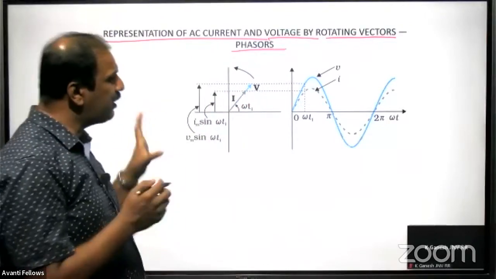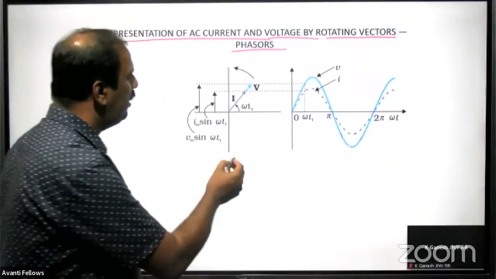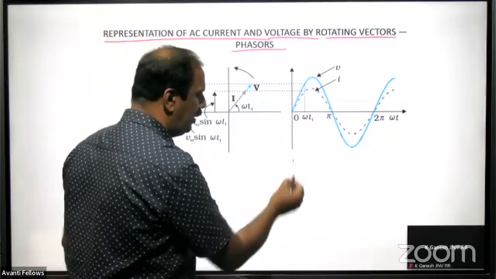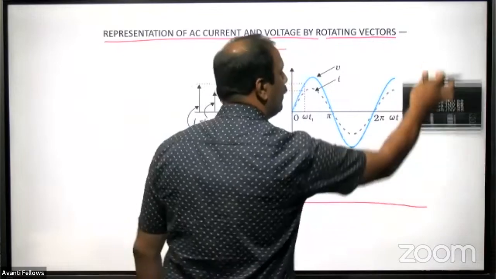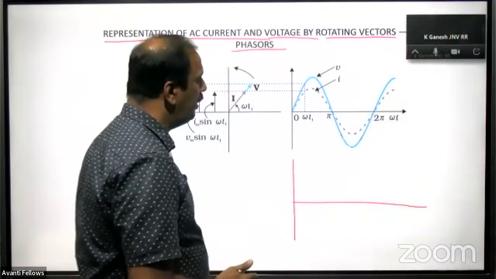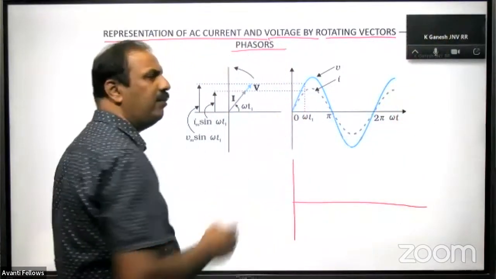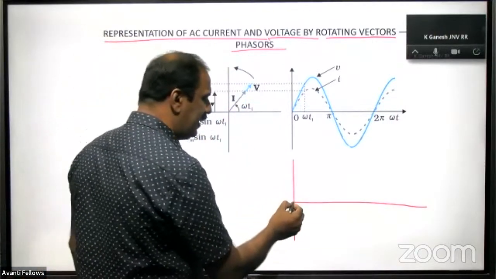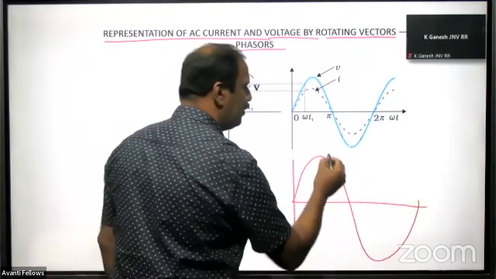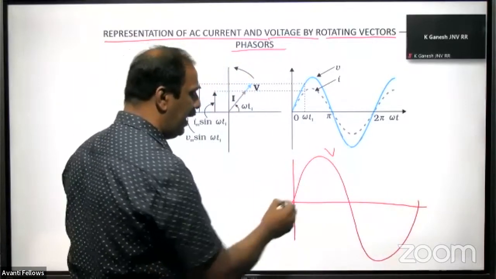Okay, now this is a simple example given here. It's about the resistor only. You see here, we have an axis like this. In this one, we have current and voltage, which is passing through a resistor. So our voltage is like this. This is voltage V, and we have current.